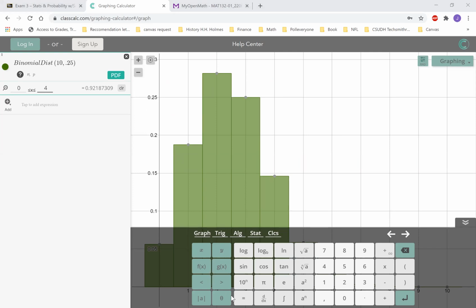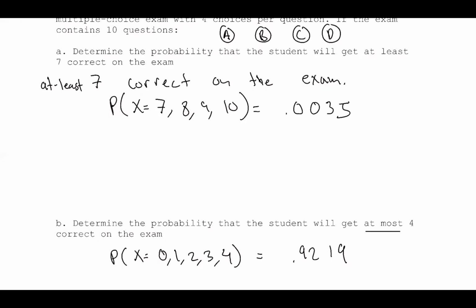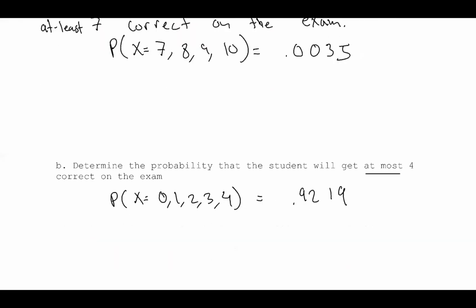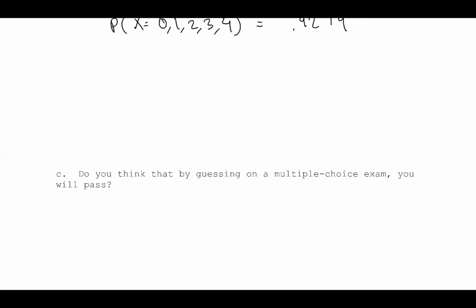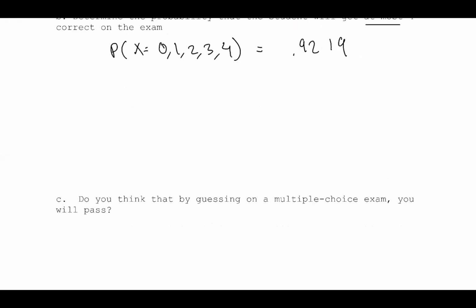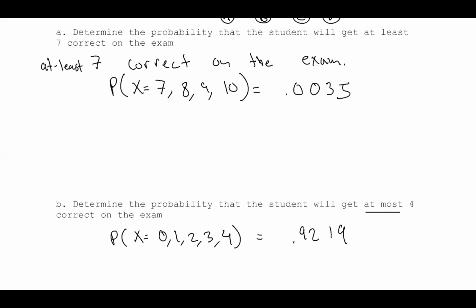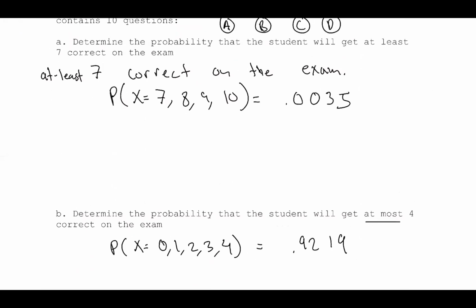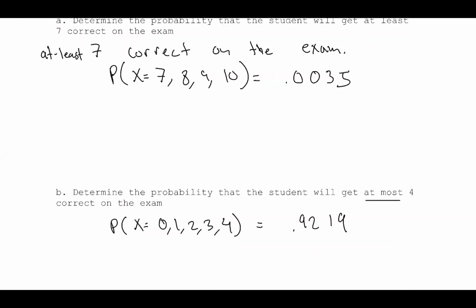All right, so let's do C. For part C, it asks, do you think that by guessing on a multiple choice exam, you will pass? In order for you to pass, you need to get 7 or higher. And the probability of you getting 7 or higher on this exam, if you're guessing, is 0.0035.